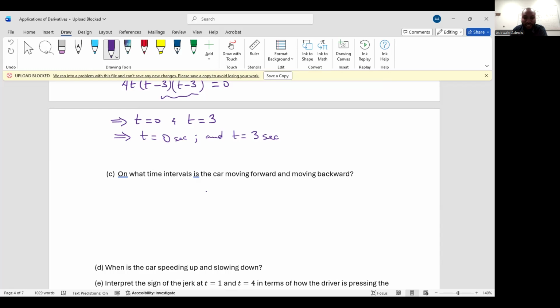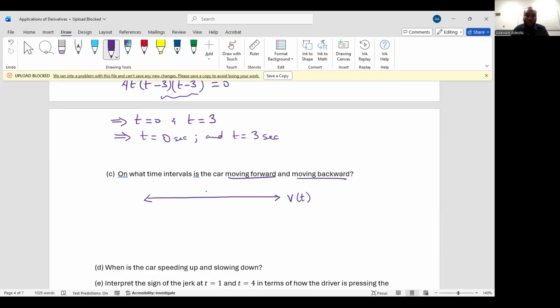What explains to us when our car is moving forward and moving back? That is velocity, right? The signs there. So what I will do is study the velocity. I will do what is called a sign test for velocity.